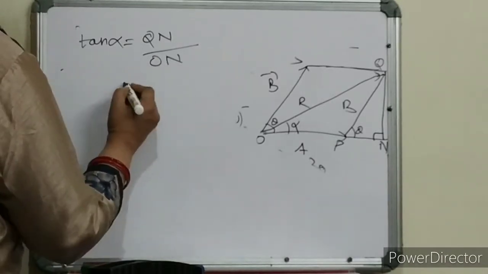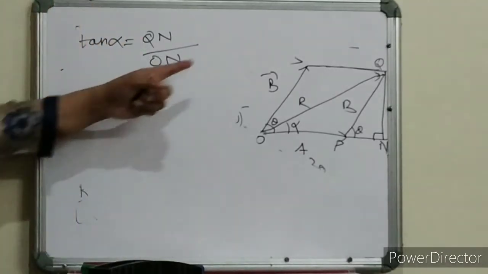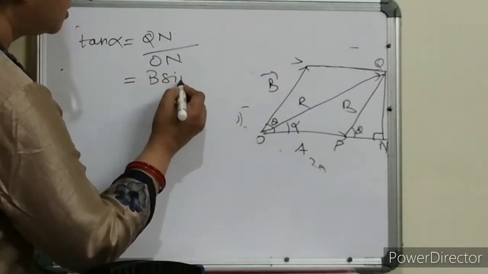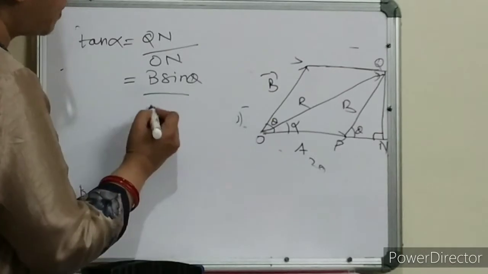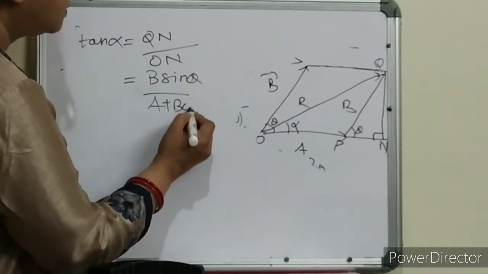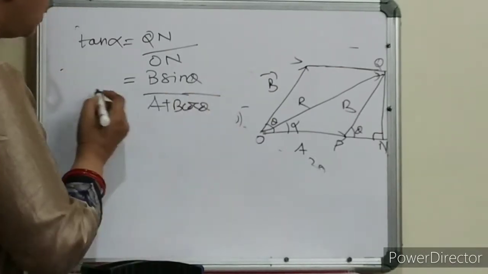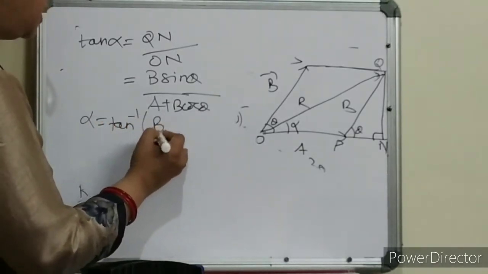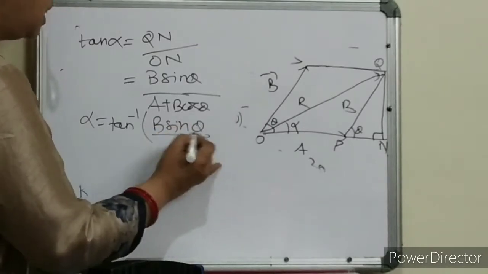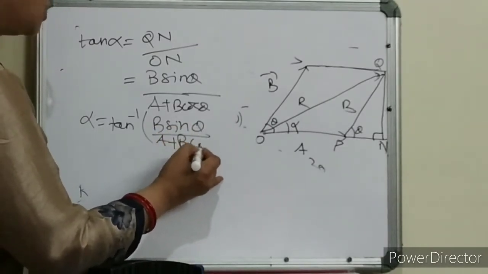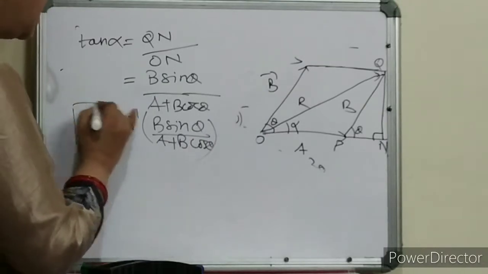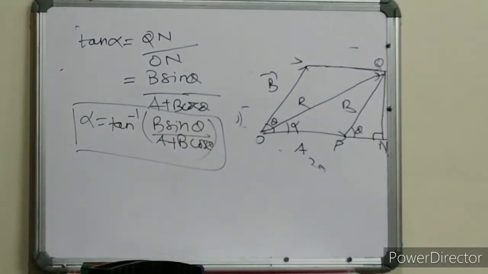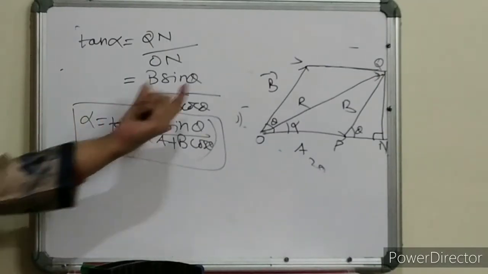Already we know QN is B sin theta, and ON is A plus B cos theta. So your alpha will be tan inverse of B sin theta by A plus B cos theta. This is the direction of the resultant, and we saw the magnitude before.